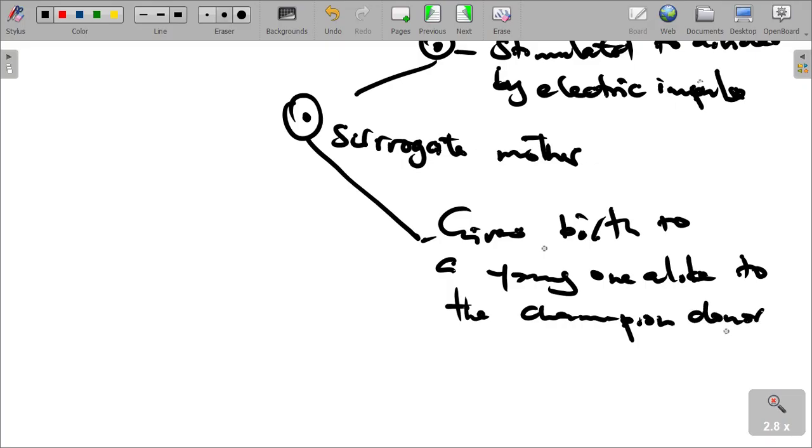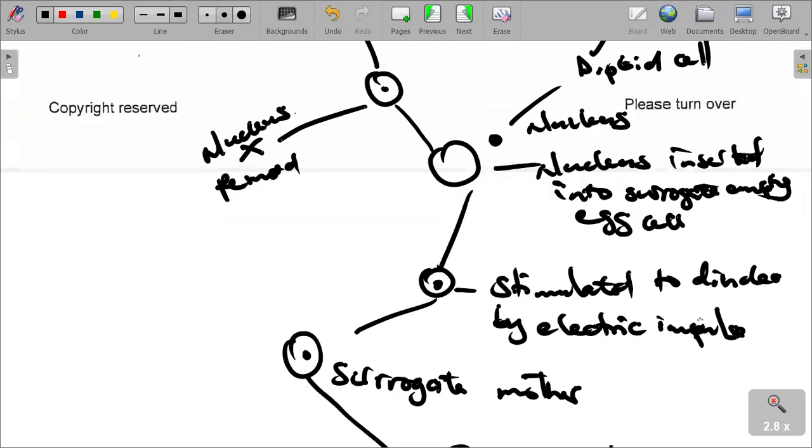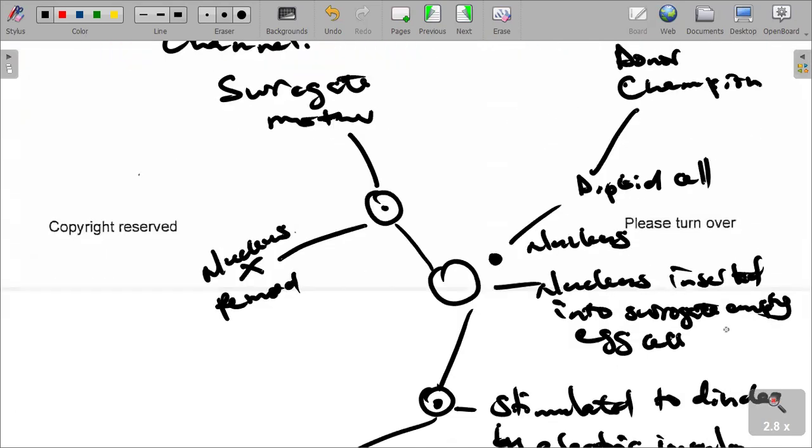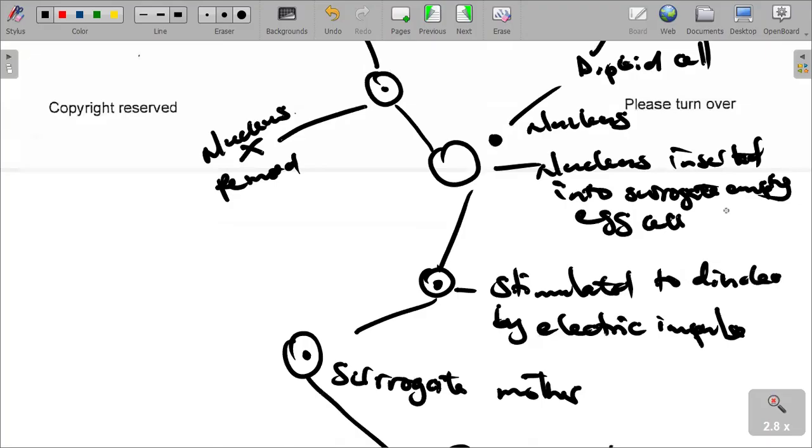This is basically what I have just described there, with regards to this whole process.